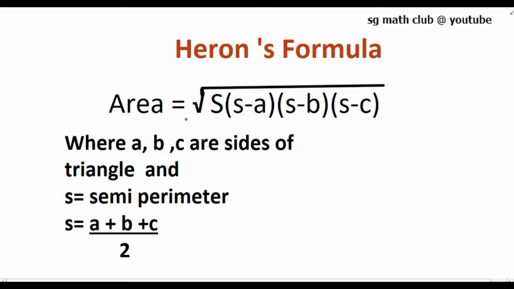Heron's formula goes like this: area of the triangle is equal to the square root of S into S minus A into S minus B into S minus C, where A, B, C are the sides of the triangle and S denotes the semi-perimeter. You know perimeter means the sum of all the sides of a triangle, A plus B plus C. But semi-perimeter means you have to divide that perimeter, the sum of all the sides, by 2.